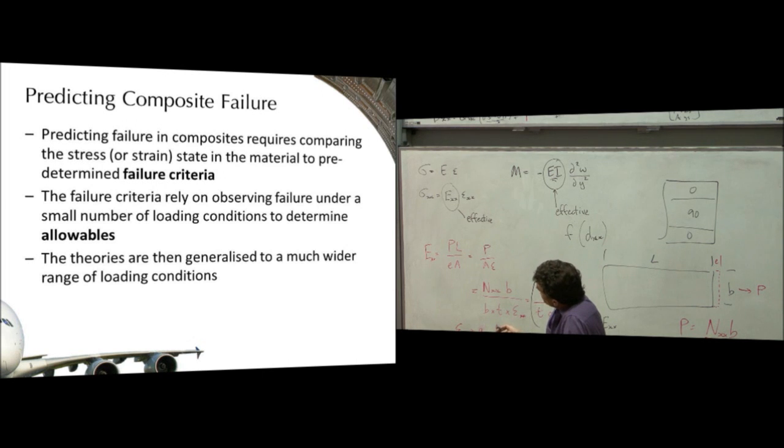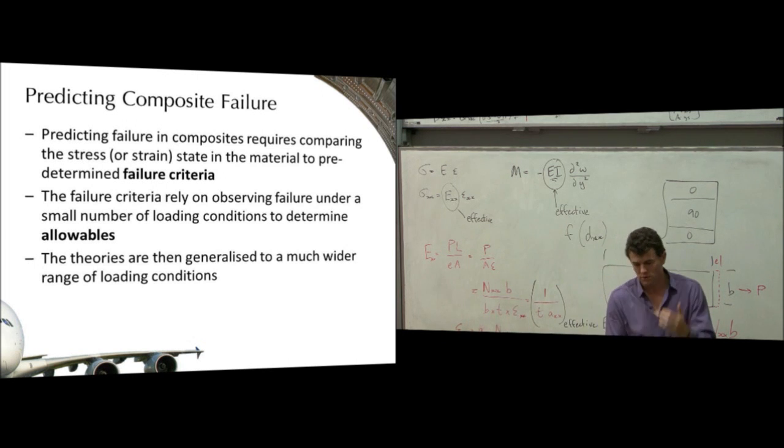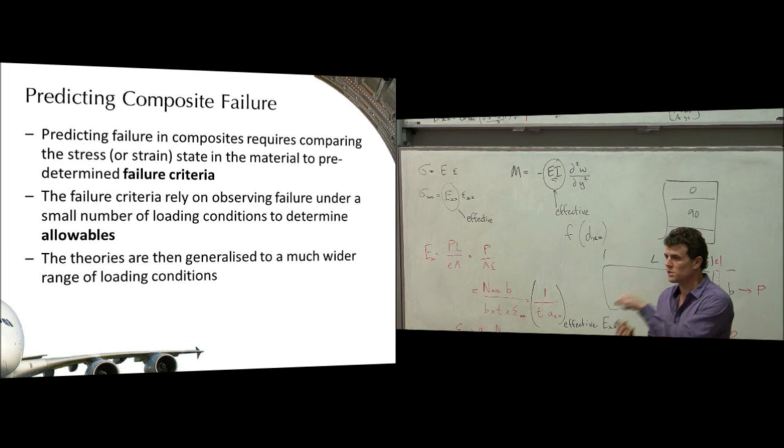The reason that there's such a challenge is because we have to define what we call allowables. We have to do a test to determine how strong something is in the test condition, and then generalize that small number of tests to all the different load conditions that our composite might see. Just like if you wanted to make a pressure vessel, like in the tute question, you have to test the strength of a bar of steel.